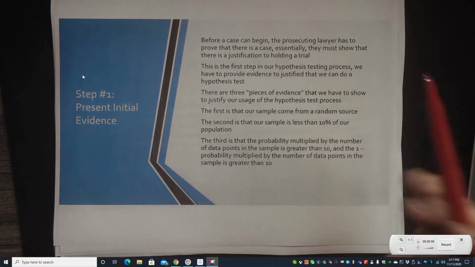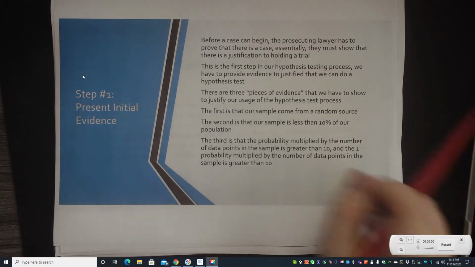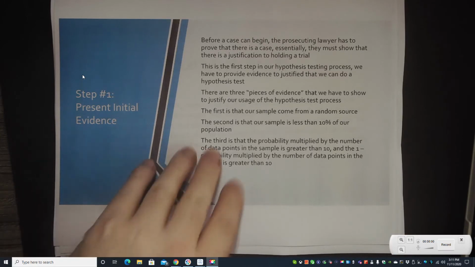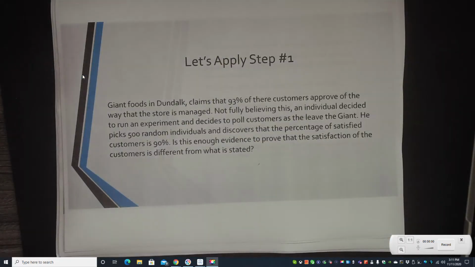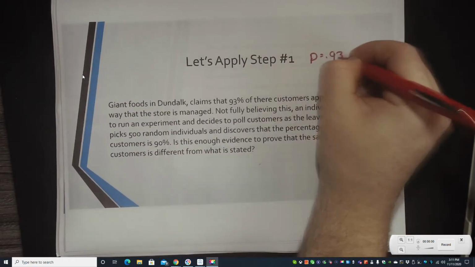Essentially two of these are just showing you that it's a sampling distribution, and the other one is just showing you that it comes from a random source. Well, what does this look like? Remember this is our situation about Giant right here, and we know that our p is equal to 0.93.